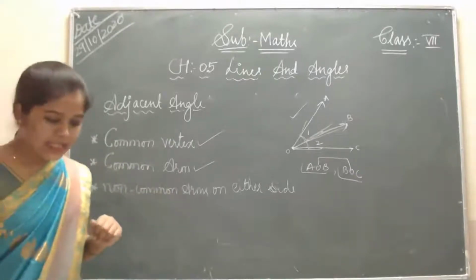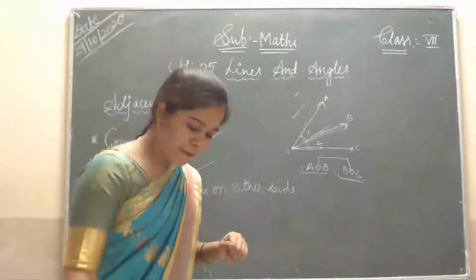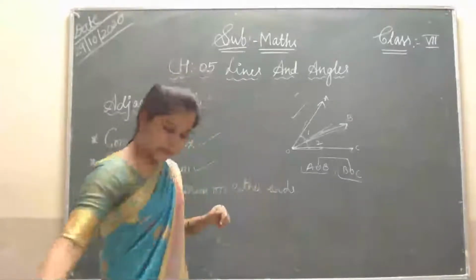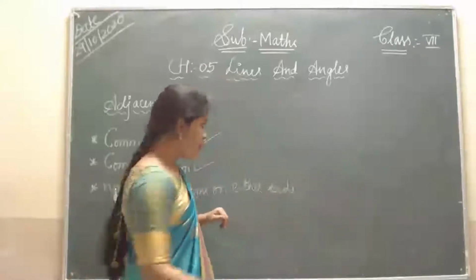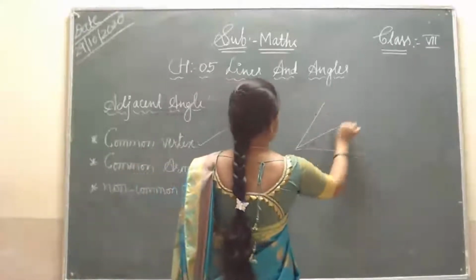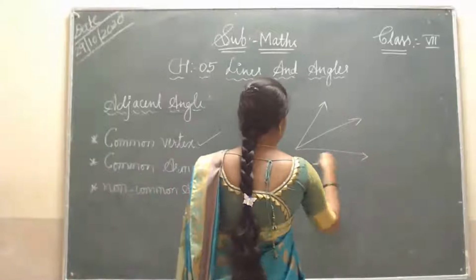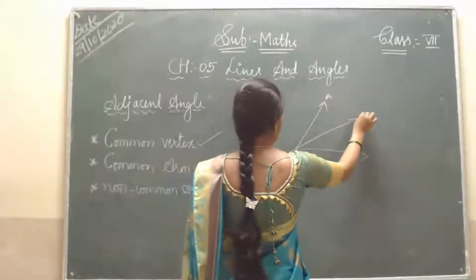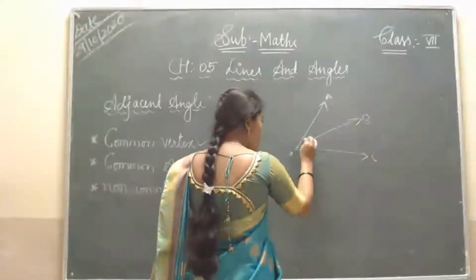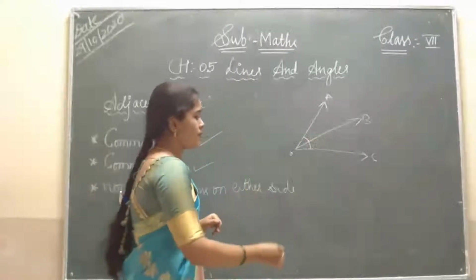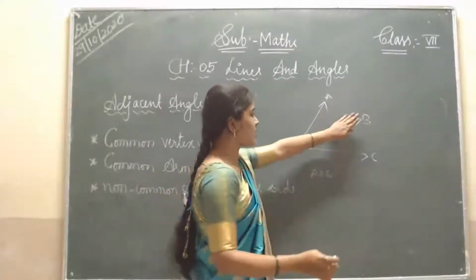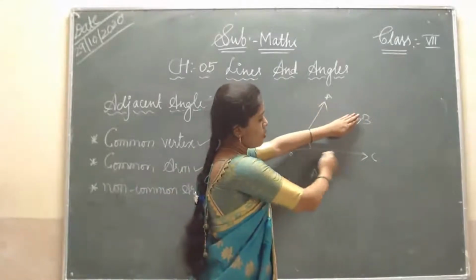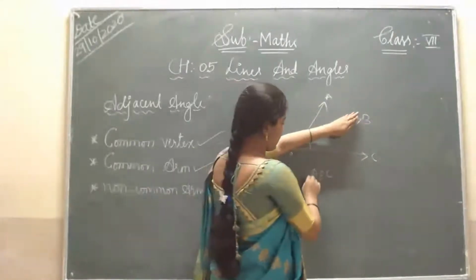Let's take another example for this. See here, same A, B, C. First angle is AOC. This big angle. Don't see this line. Okay, AOC is the first angle.